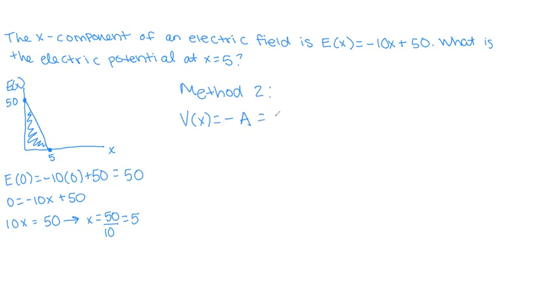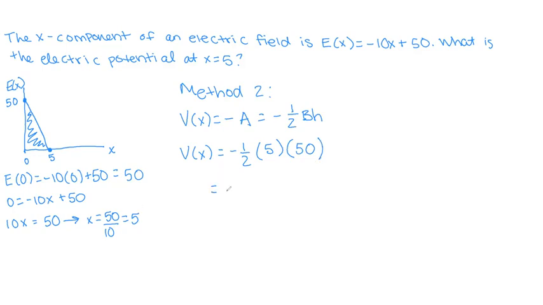So equals negative 1/2 base times height. And that is literally just the formula for the area of a triangle. You should be able to find that online fairly easily. So V of x equals negative 1/2. Our base here, this is 0, is 5 units, so 5. And then our height here from 0 to 50 is 50.